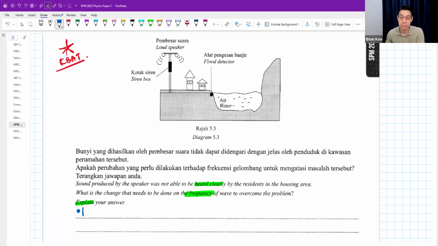You can say decrease the frequency of wave. They ask you what should you do to the wave? I want to decrease the frequency. Reason, because when you decrease the frequency, it will diffract more. Waves diffract.